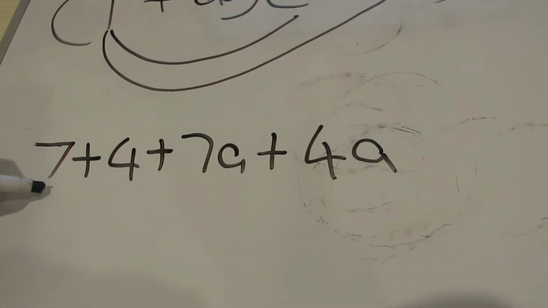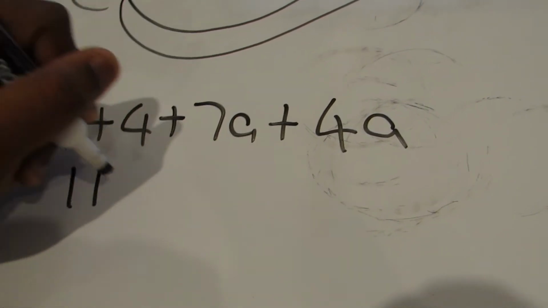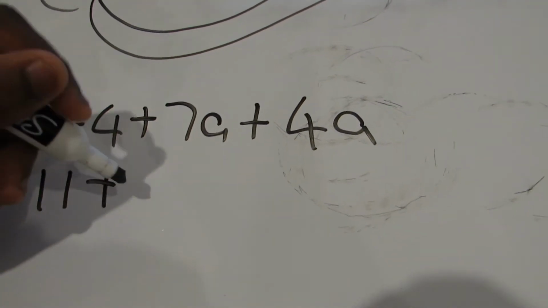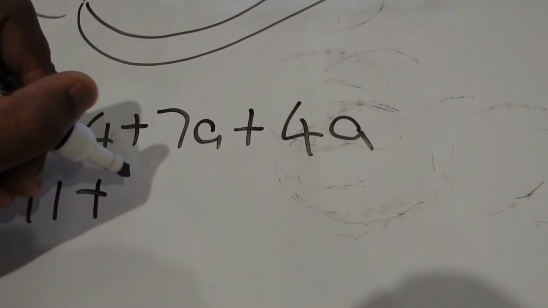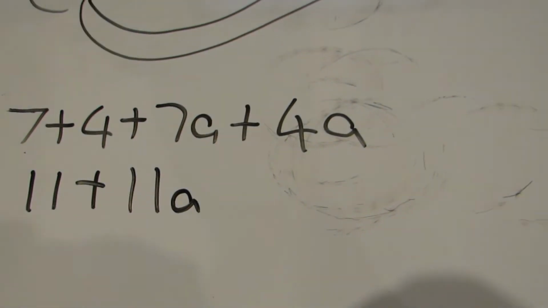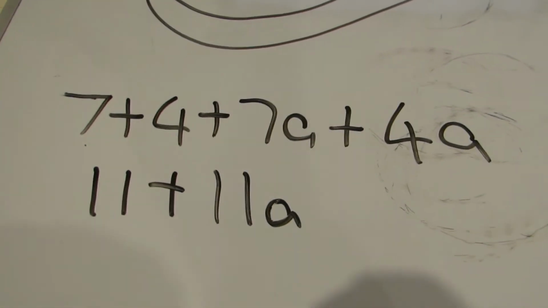So 7 plus 4 equals 11, plus 7a plus 4a, that equals 11a. Remember, these two can't be added because of that a. Very important.